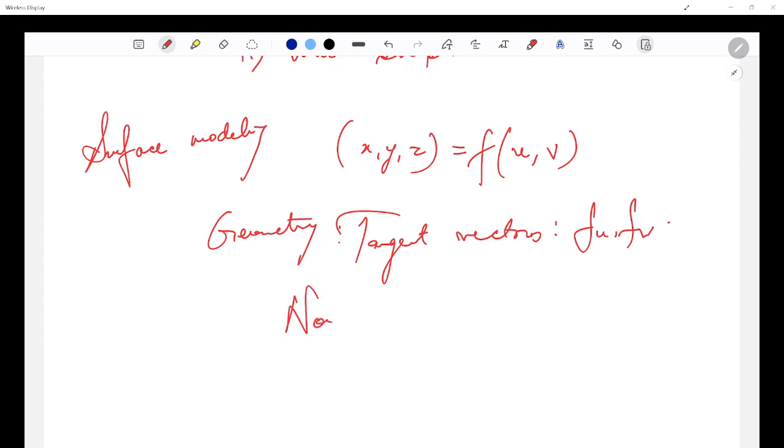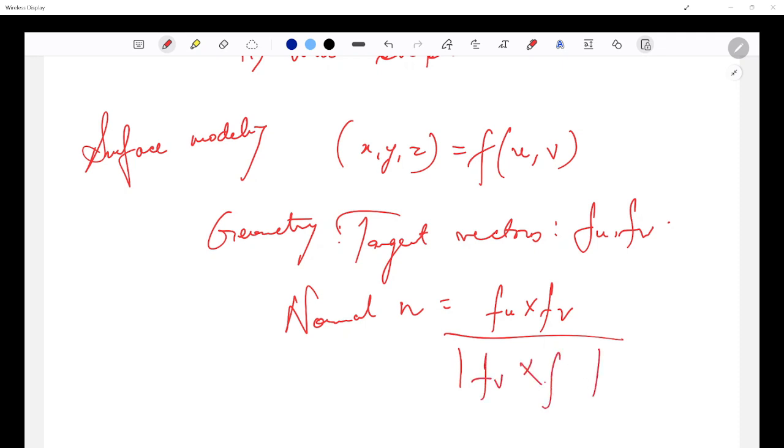And if we want to find out the normal to the surface, it's going to be N is equal to Fu cross Fv over the magnitude of the cross product. So in contact kinematics, we have 5 degrees of freedom contact: u1, v1, u2, v2 and psi. Contact is non-holonomic and dynamic.